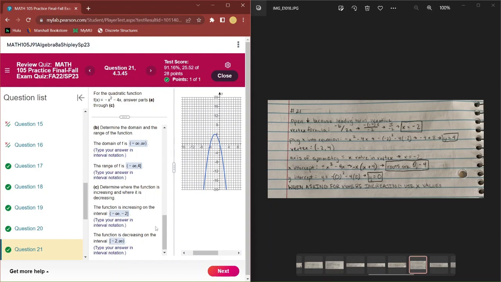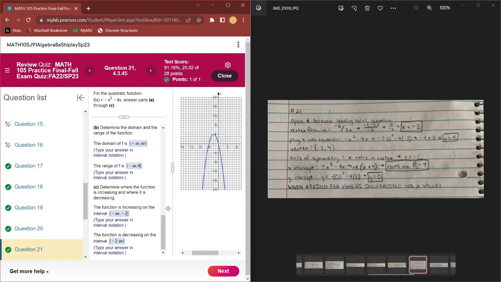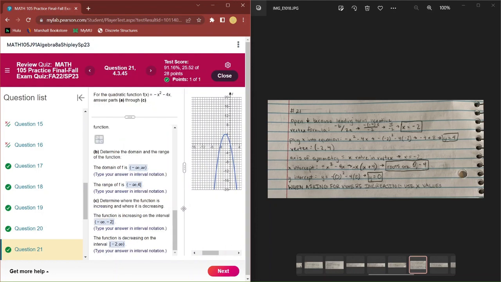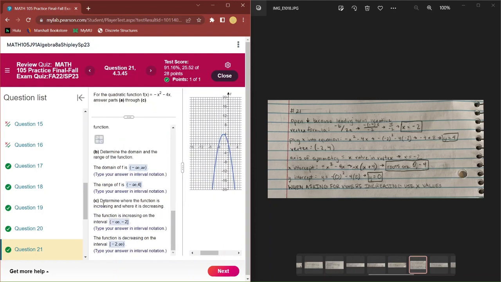And then the range is -infinity because it goes all the way down here and then stops at 4. And when it asks where it's increasing and where it's decreasing, it's weird, but it's asking for what x values it's increasing on, and what x values it's decreasing on. So it's increasing from -infinity to, well, what's our vertex at?